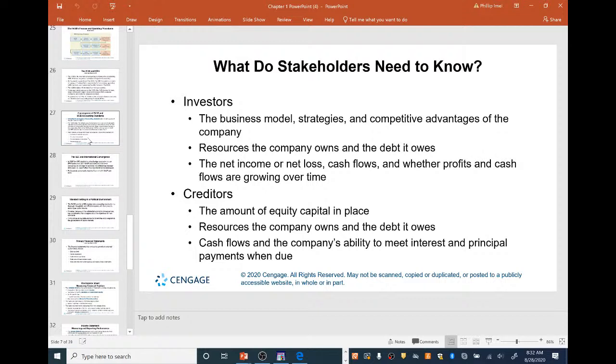So that'll be part A for number 2. What are the two standard-setting bodies that promulgate U.S. GAAP and IFRS?